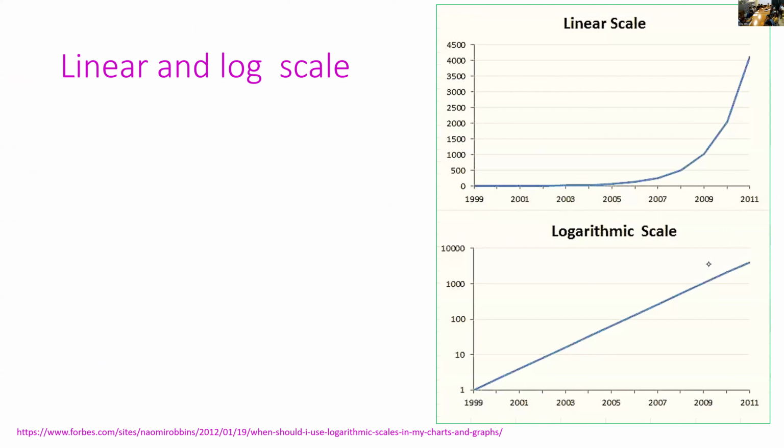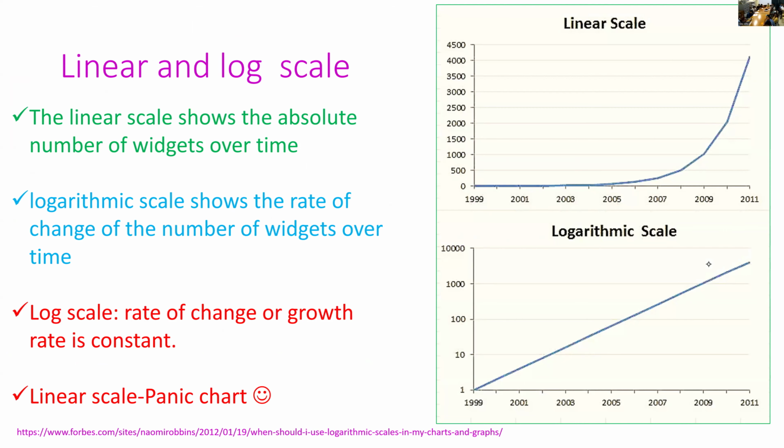Okay. Now, the linear scale, previously before apps were called widgets. So the number of apps, let us say apps for smartphones, has suddenly increased from the year 2005. It appears like that because the y-axis is on a linear scale.